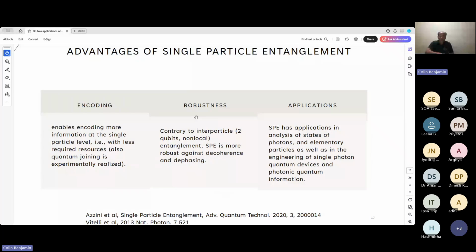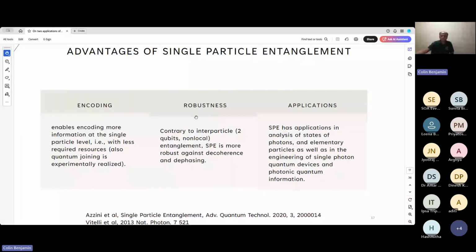Now, robustness. Contrary to interparticle or 2-qubit entanglement, single particle entanglement is much more robust against decoherence. Obviously, where you have no 2 particles separated in distance, here you have a single particle, the 2 degrees of freedom. So obviously the decoherence and dephasing would be that much reduced. And what are the applications of this?